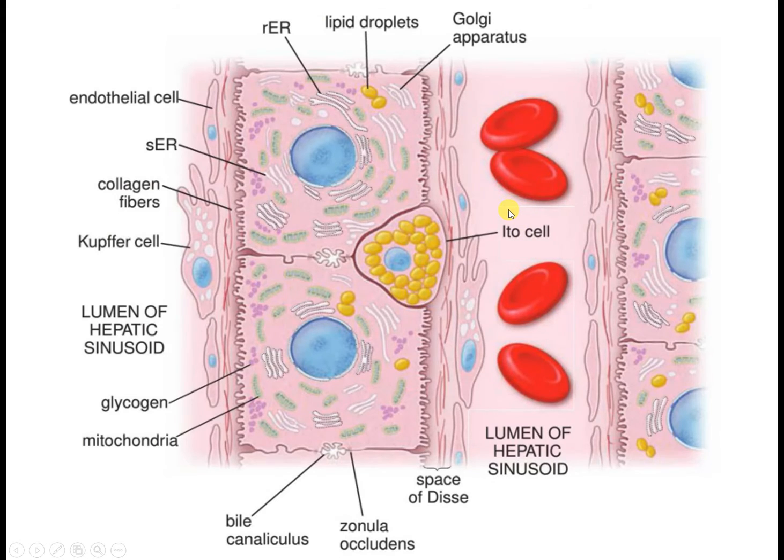Sinusoid means discontinuous capillary. As with a discontinuous capillary, it contains the same endothelial cells, but with very large gaps between them. They don't have a very tight connection between them, and the basal lamina is not continuous here. So you see, between endothelial cells we have large gaps.